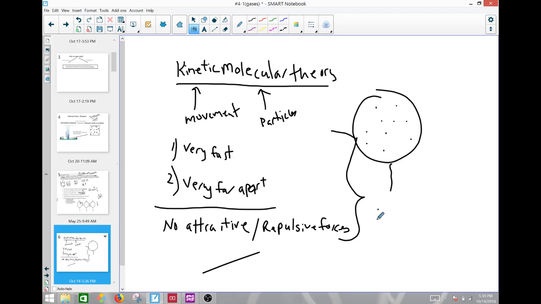Okay, so in this situation, a particle is a particle. The identity of the particle does not matter. This whole thing is called an ideal gas.